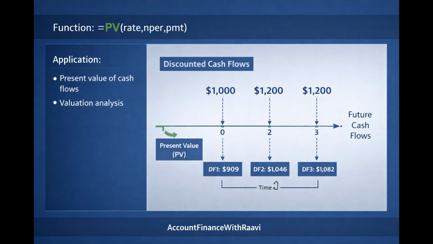So in order to use discounted cash flow, we will be using this function, present value. You can see the syntax in the slide, and the same thing is mentioned in the example also.